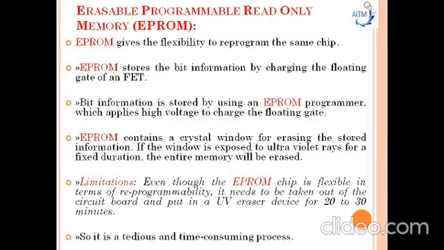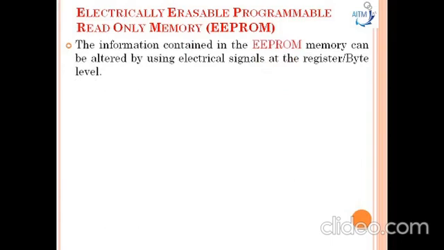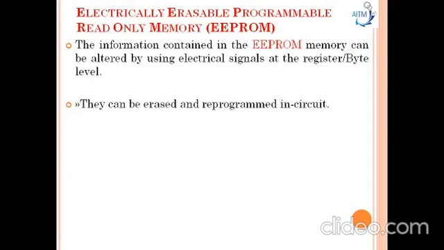they have designed another memory called the EEPROM, electrically erasable programmable read-only memory. It has advantages compared with the EPROM. We'll see what those advantages are. The information contained in the EEPROM memory can be altered by using electrical signals at the register or byte level, and it can be erased and reprogrammed in the circuit.